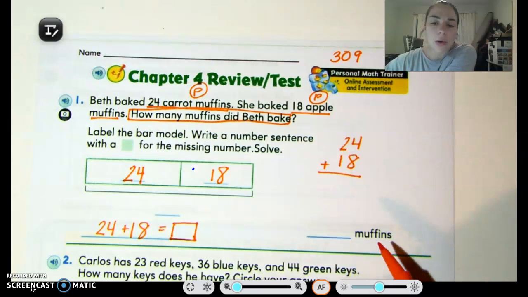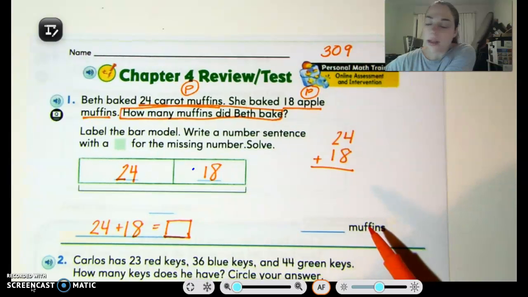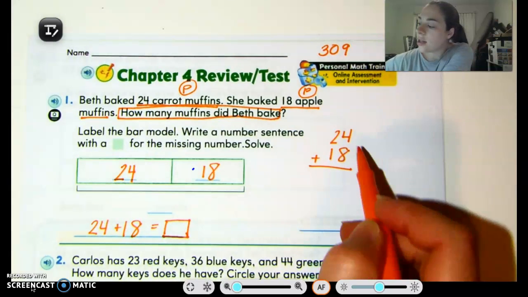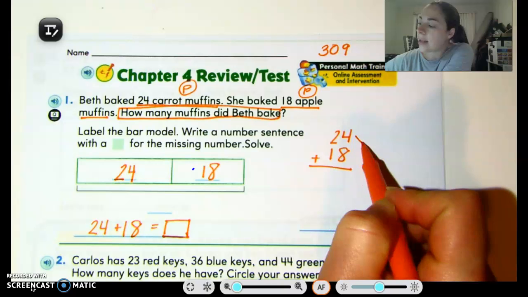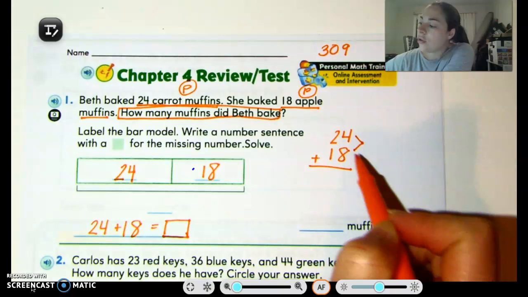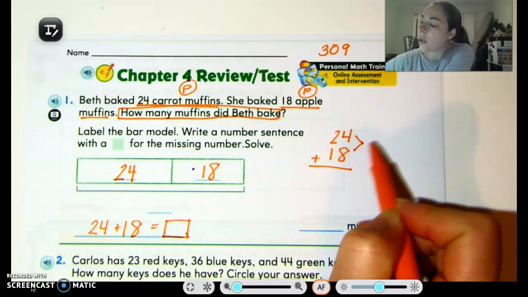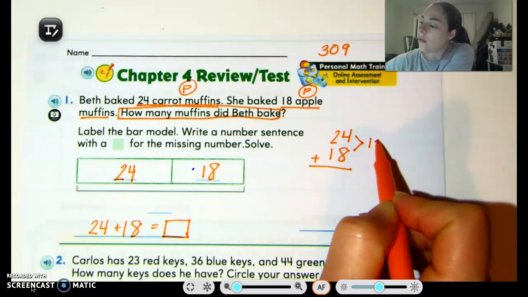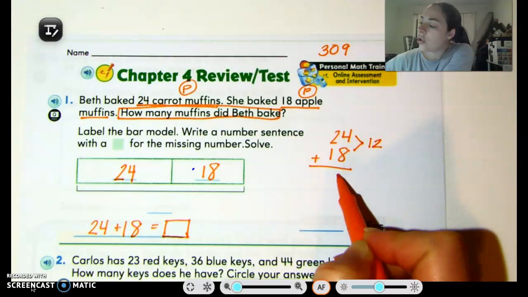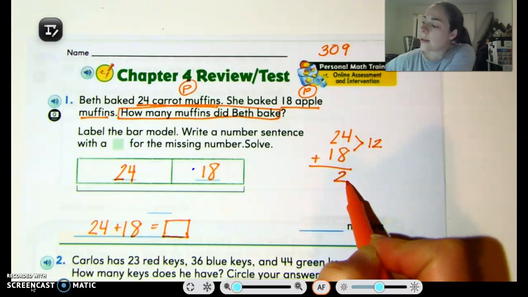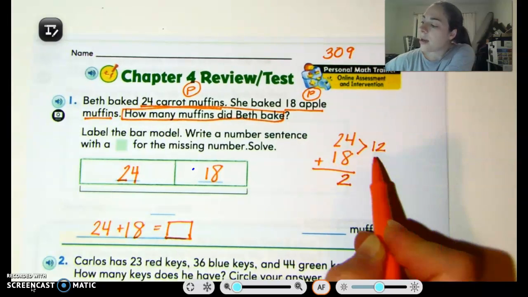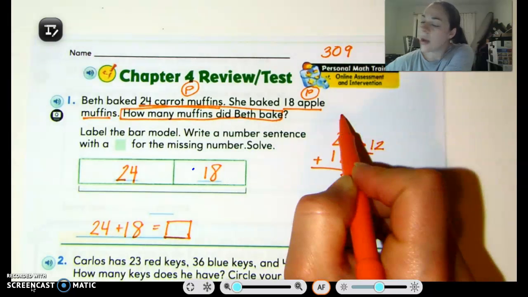We always start by adding the ones first. So 4 plus 8. If I give 2 from the 4 to my 8, that makes 10. I have 2 left over, so 8 plus 4 is 12. My 2 is going to go in the ones place. Oh, I made a 10, so I'm going to carry my 1.